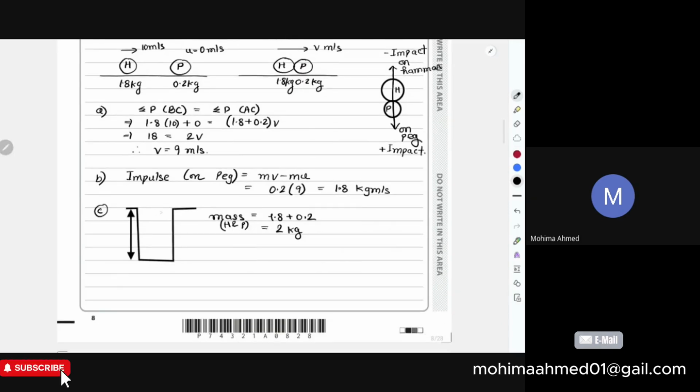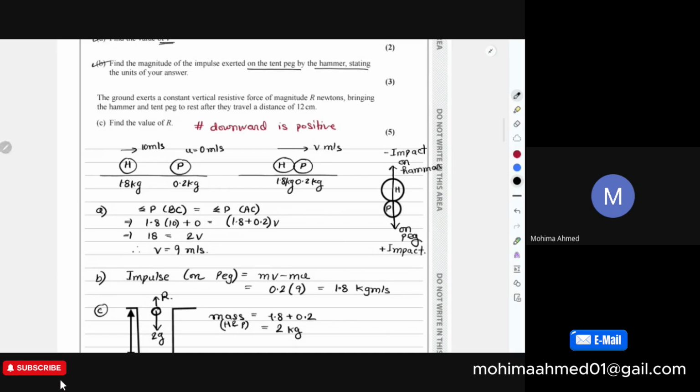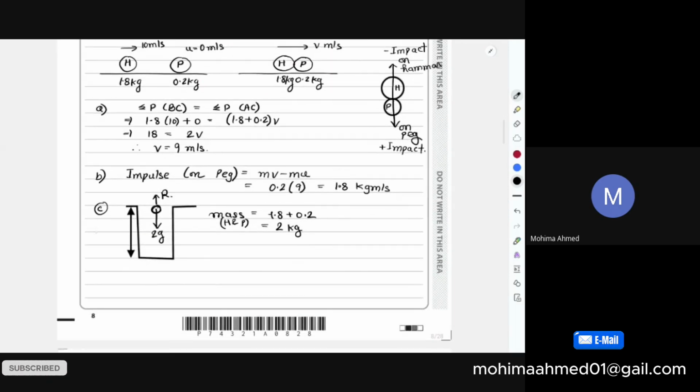If you just draw hammer and peg like this, in the downward direction you have both of their weights acting, which is 2g, and against them you have this resistive force acting, right? We have to calculate that resistive force, and with reference to that force, they could only travel 0.12 meter. So I just have to find the value of R.